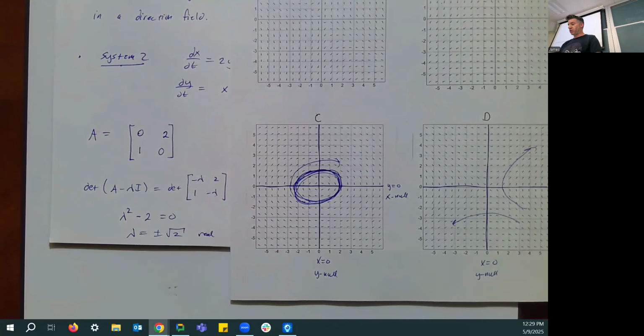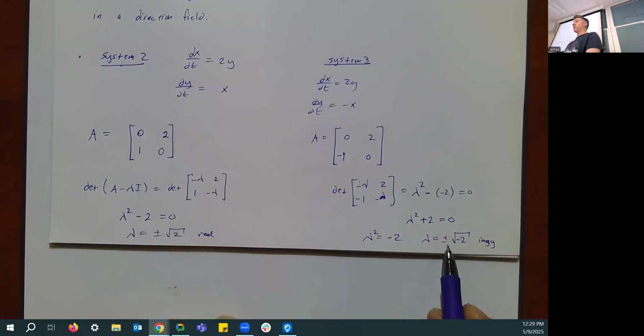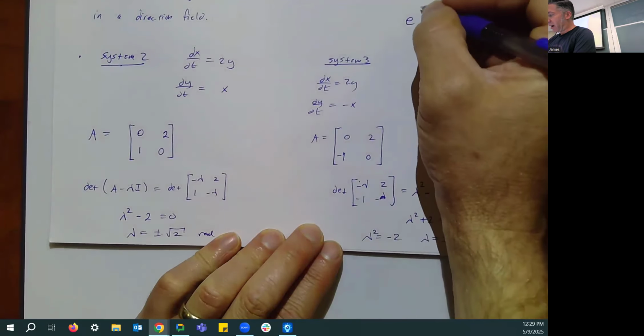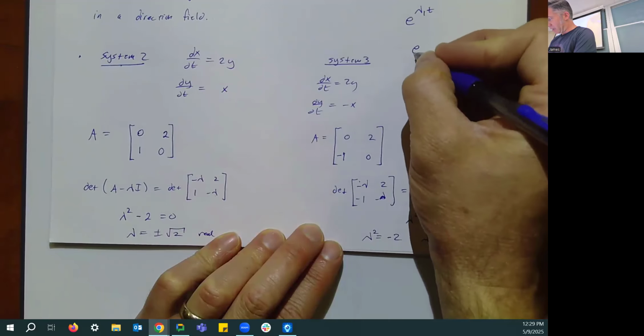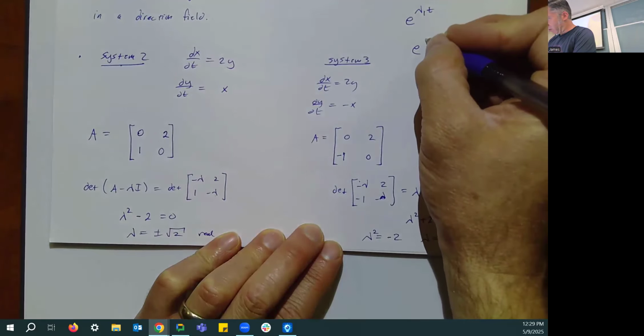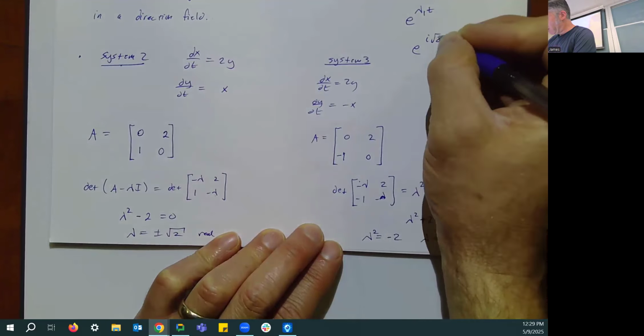That's because your eigenvalue being purely imaginary means when you do e to the lambda 1 times t, it's going to be e to the i root 2 times t.